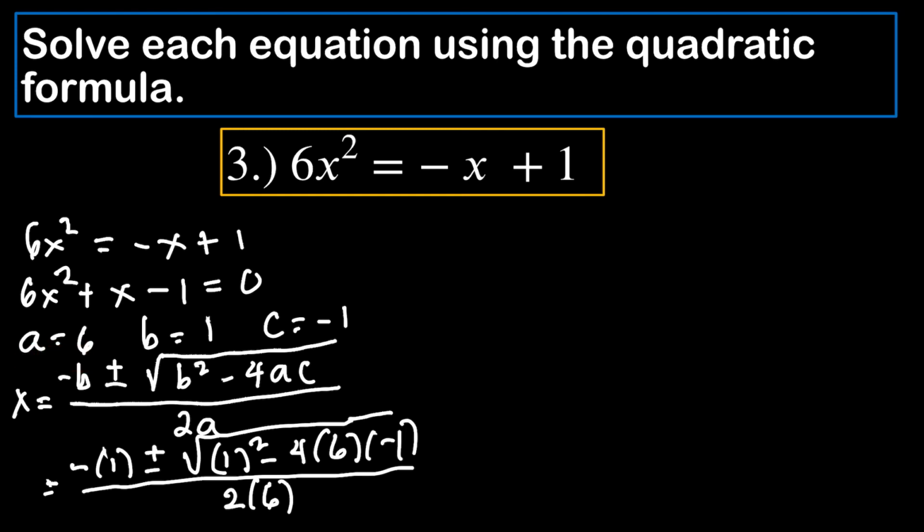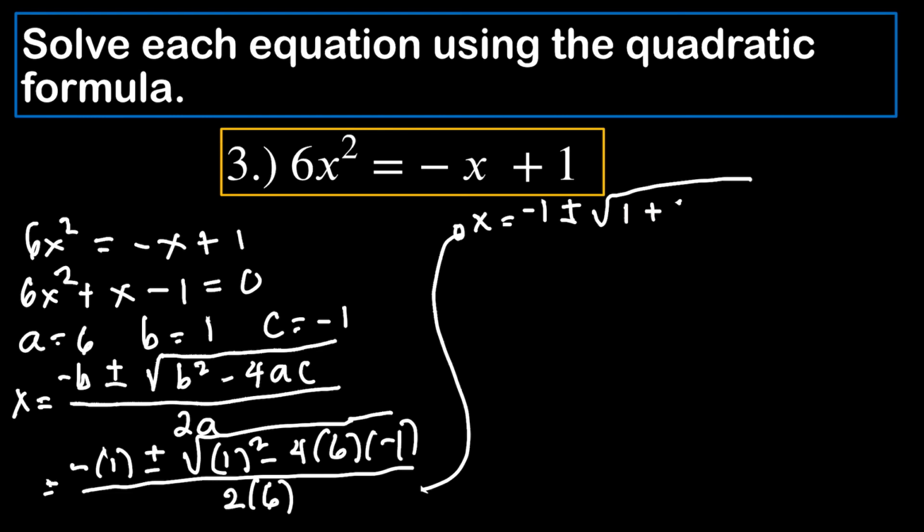Moving forward, 1 squared is 1, minus 4 times 6 is 24, times negative 1 is negative 24, times the minus sign there, that will give us 24, all over 12.